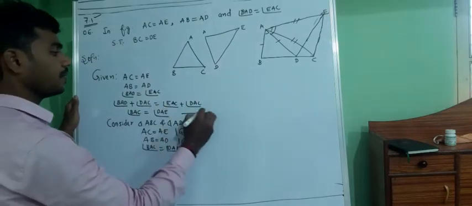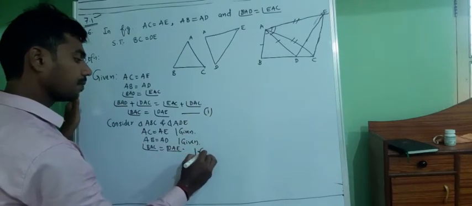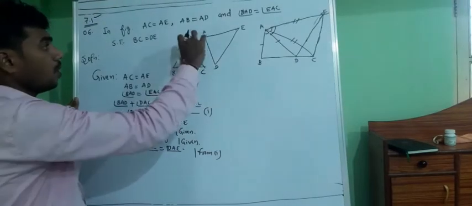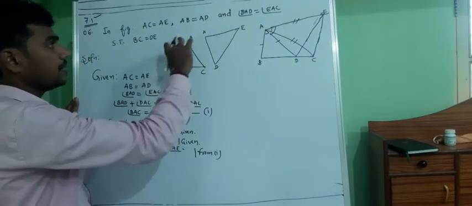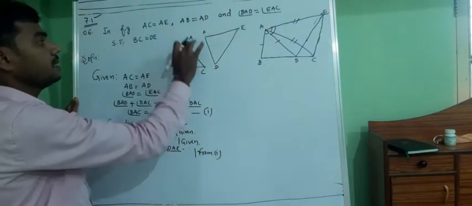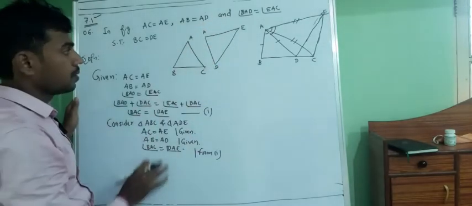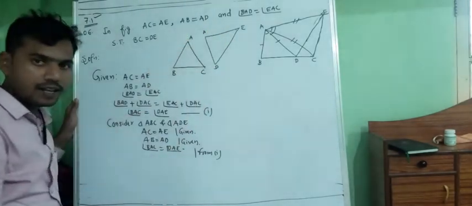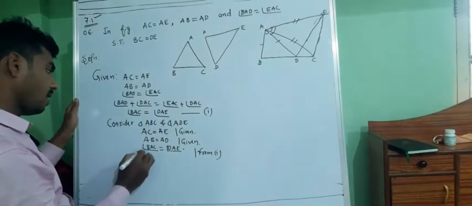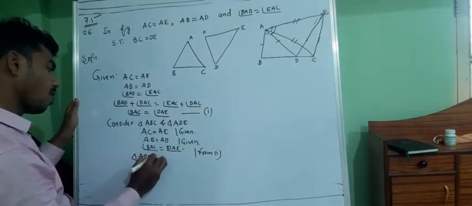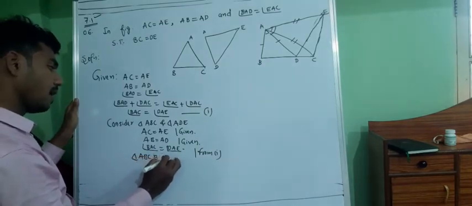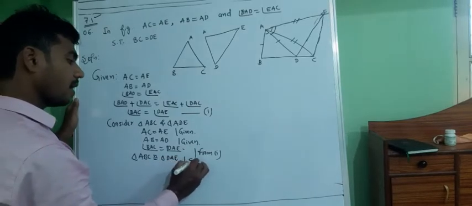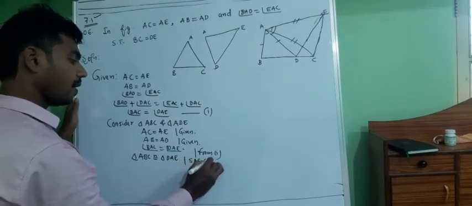This is from equation 1. So two sides and included angle are equal, so triangle ABC is congruent to triangle DAE. By what criteria? SAS criteria.